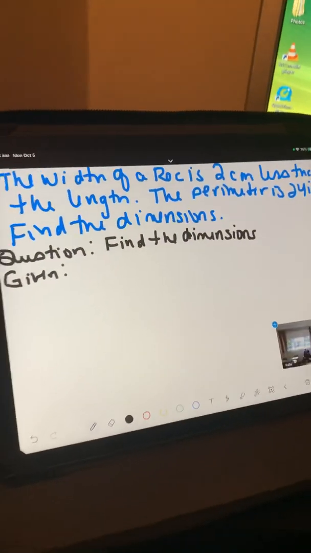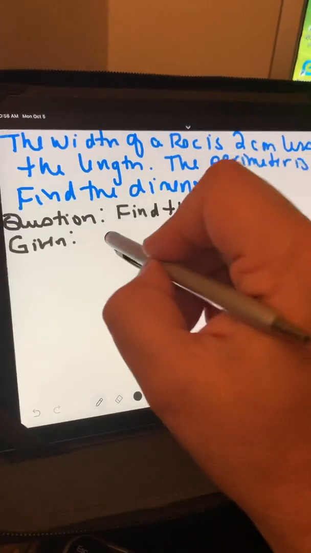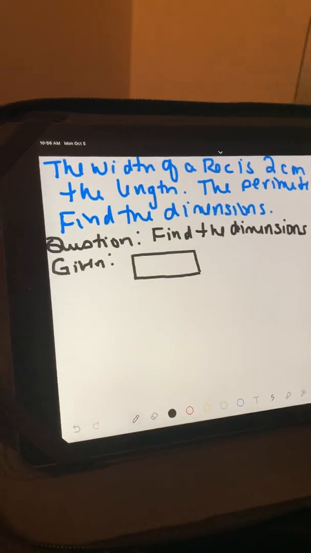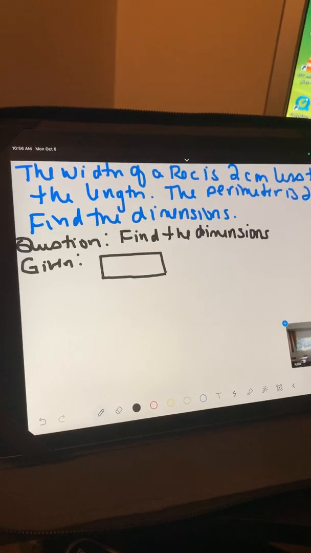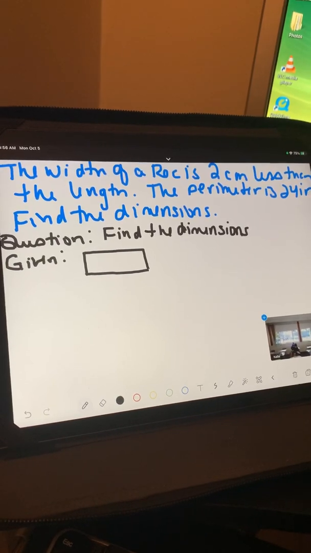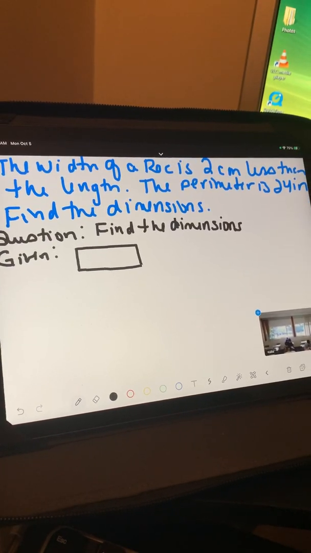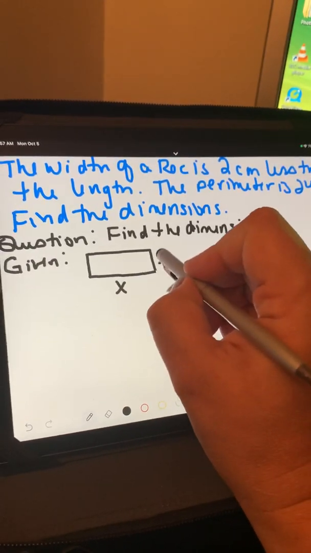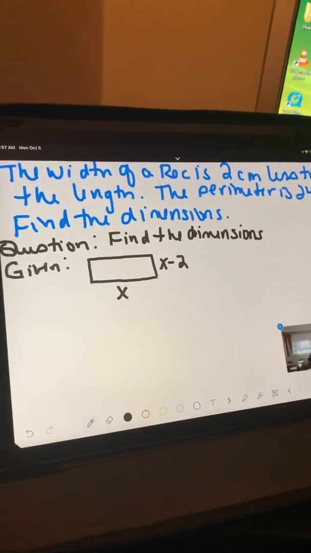Okay, when you're dealing with shapes, very first thing I do is I draw the shape. We're dealing with a rectangle. Rectangles have length and width. Okay, it says the width of a rectangle is 2 centimeters less than the length. So we don't know what the length is, but we know that the width is 2 centimeters less than that length.